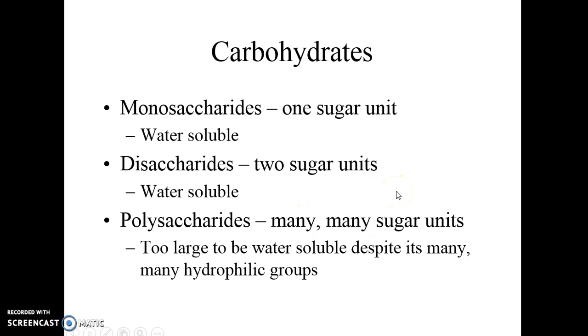Oligosaccharides are several of them, and polysaccharides are many units all stuck together by condensation reactions that you'll see later on. All of these are water soluble except for polysaccharides, which are usually water suspendable but not soluble.